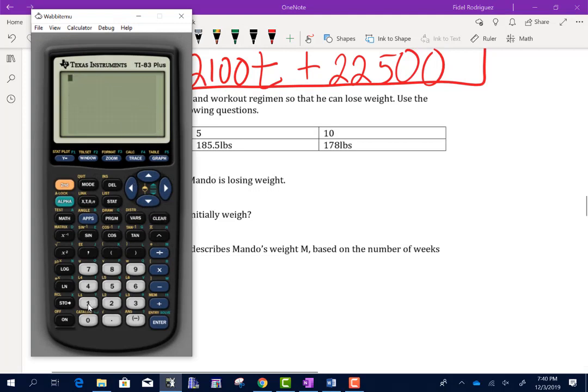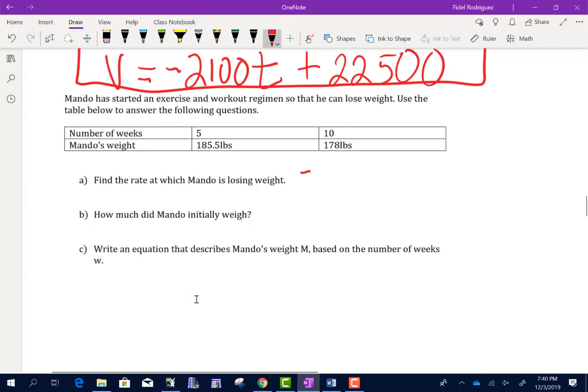Subtract. Okay, so 178 minus 185.5. He lost a total of 7.5 pounds, right? How many weeks had passed? 5 weeks.